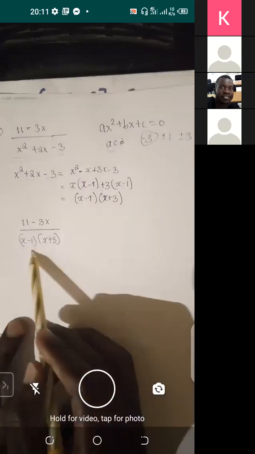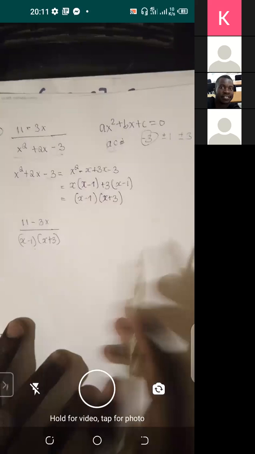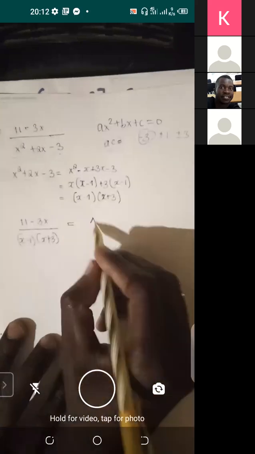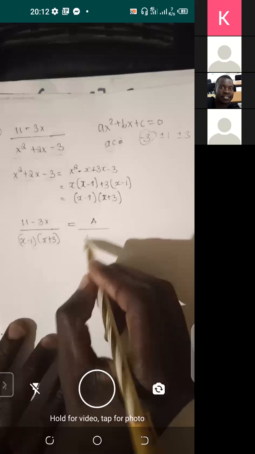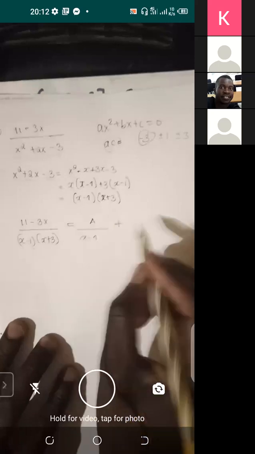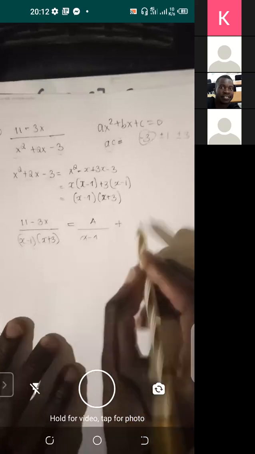So this one will be equal to A over x minus 1, plus B over x plus 3.